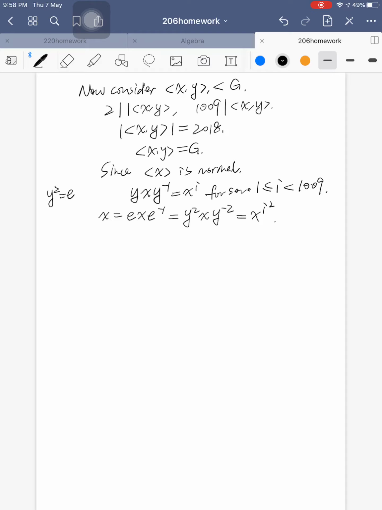And notice that X has order 1009, so we have 1009 divides I squared minus 1, and I squared minus 1 equals I minus 1 times I plus 1. And since 1009 is a prime number, it gives I equals 1 or I equals 1008.